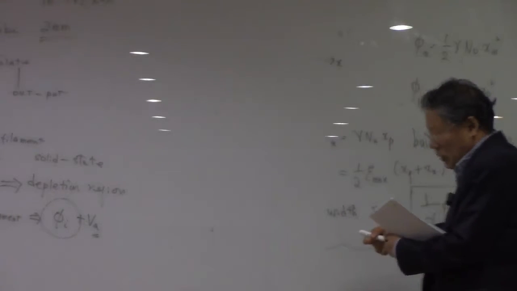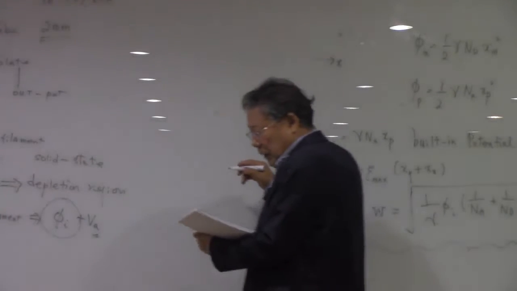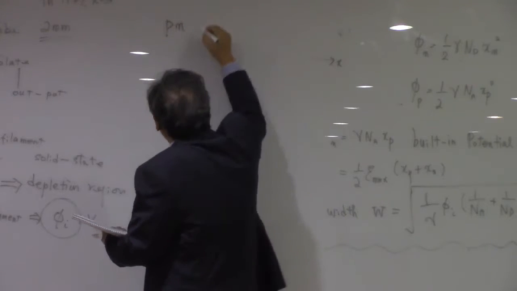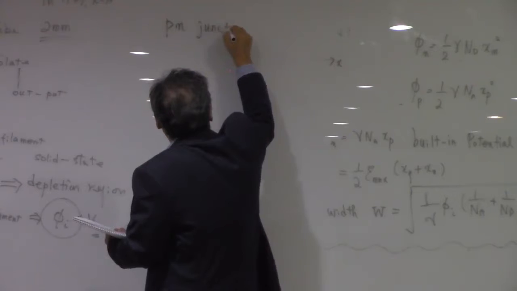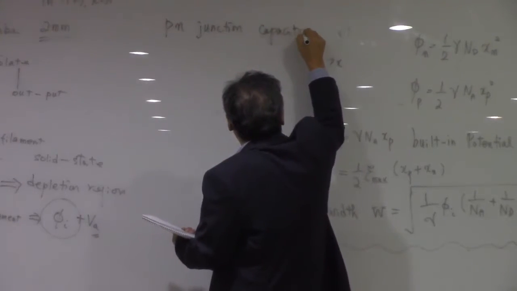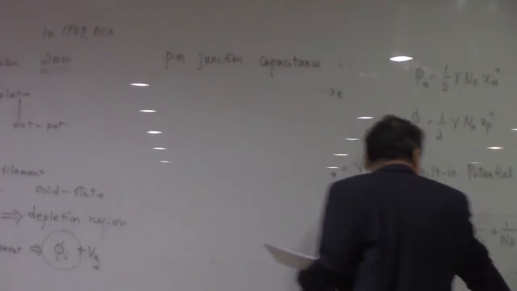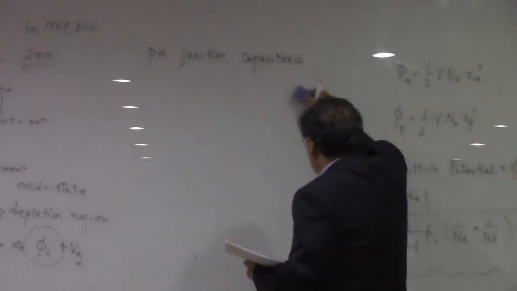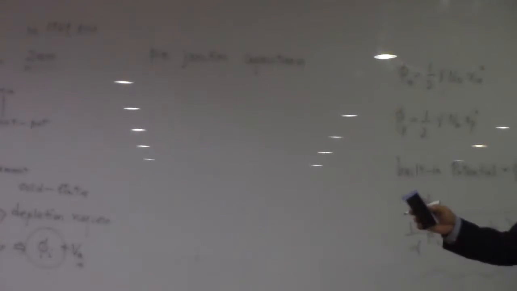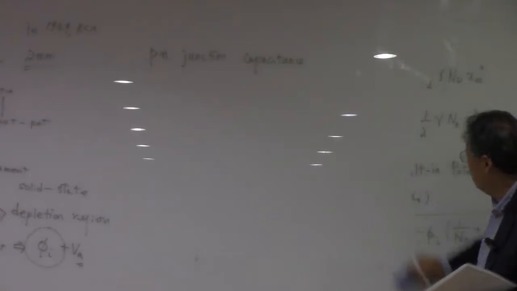So with this knowledge, let's think about the p-n junction capacitance, one of the electrical properties. You can see that the neutral regions in the P and N are separated by the depletion length, W. You can think of the whole thing as a capacitor, right?